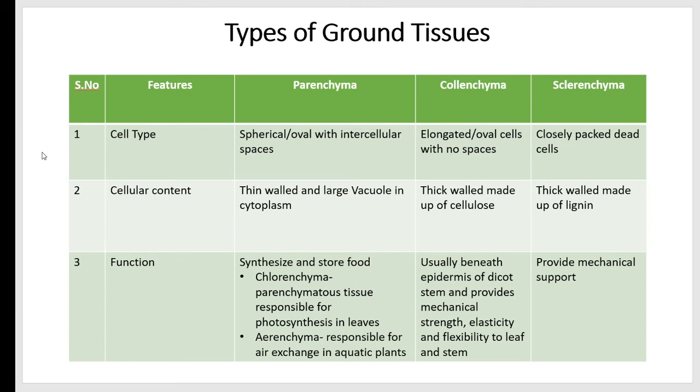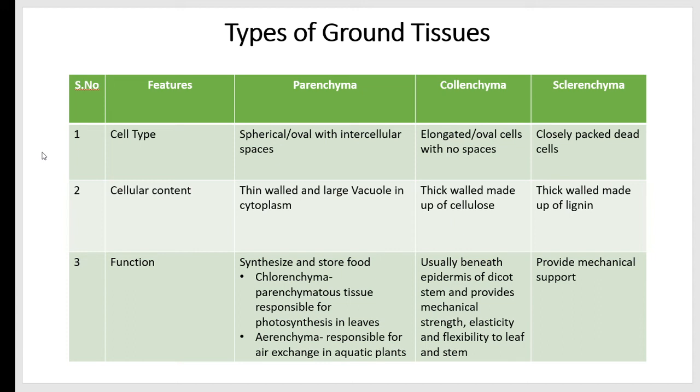Looking at the cellular content, parenchymatous cells are thin-walled with a large vacuole in the cytoplasm, whereas collenchyma and sclerenchyma are thick-walled, but they are made up of different material. Collenchyma cell wall is made up of cellulose, whereas lignin is found in sclerenchyma.